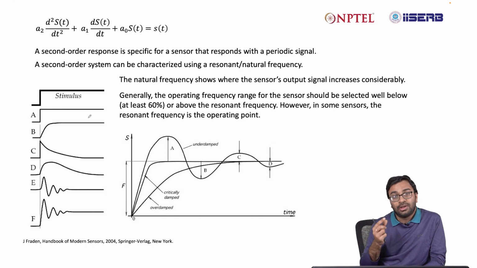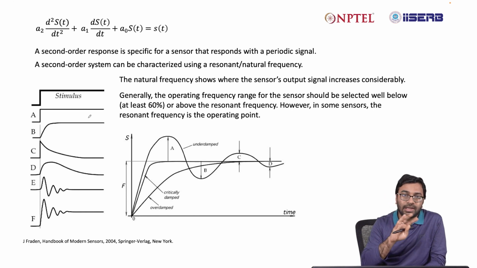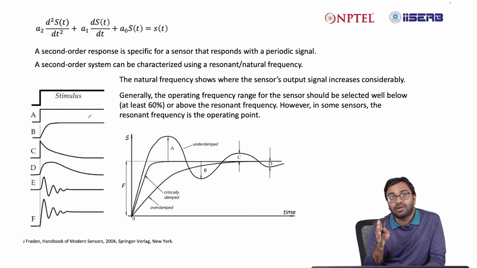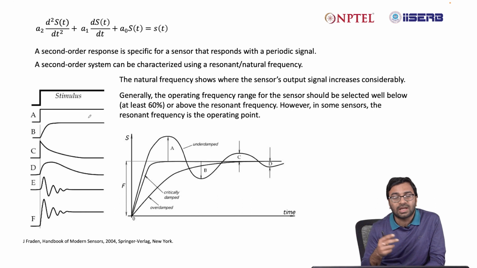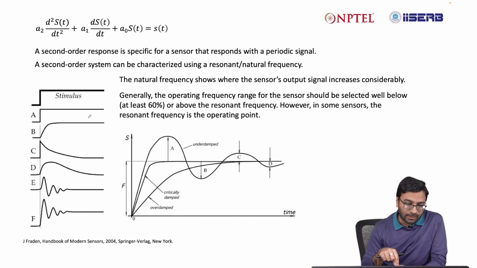In that case, you can use a sensor in the resonant frequency, because glass breakage has a particular frequency, and if you use the sensor in the resonant frequency, then a very small change also can be detected. So it's kind of a qualitative measurement, not a very quantitative measurement. So in that case, you can use the sensor in a resonant frequency domain.